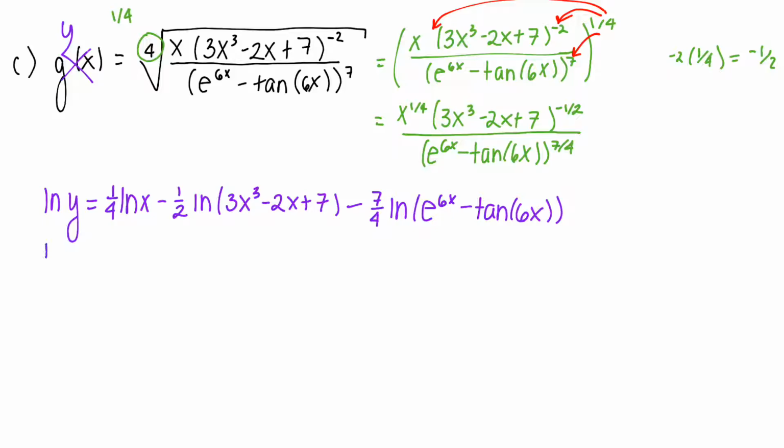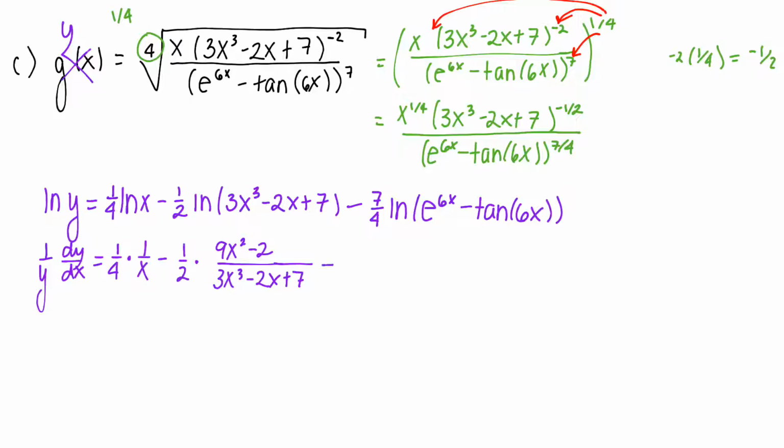Taking the derivative, we have 1 over y dy dx is equal to 1/4 times 1 over x, minus 1/2 times the derivative of 3x cubed minus 2x plus 7, which is 9x squared minus 2, over 3x cubed minus 2x plus 7, minus 7/4, get rid of the ln, times the derivative of e to the 6x, which is 6e to the 6x.